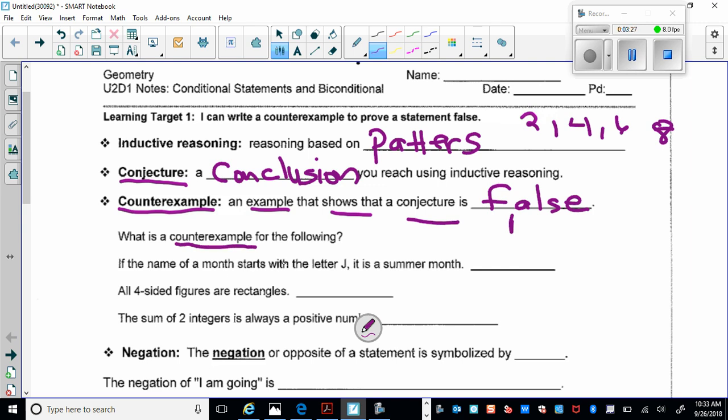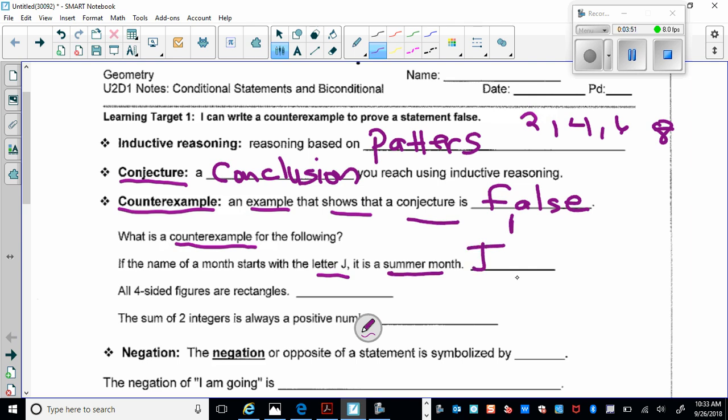So what is the counterexample for the following? Somebody makes a statement saying, if the name of the month starts with J, then it's a summer month. Oh yeah, you're right, it's June, July, but is it always the case that all the months that start with J are in summertime? You can say no, right?